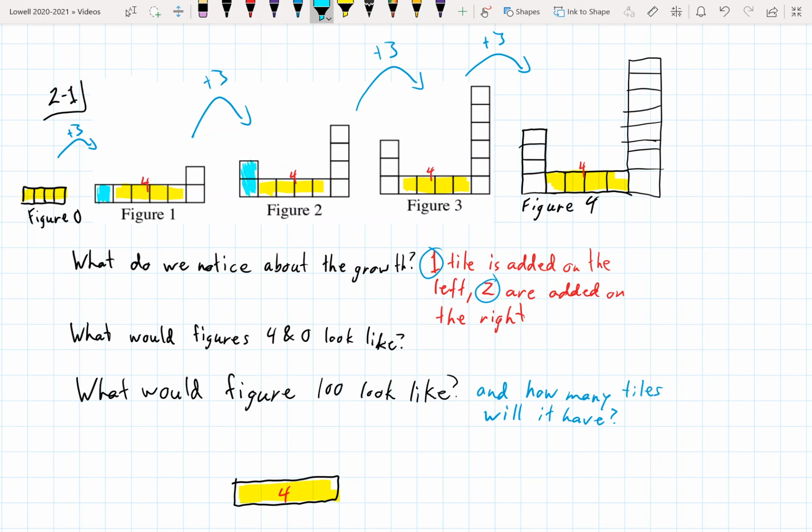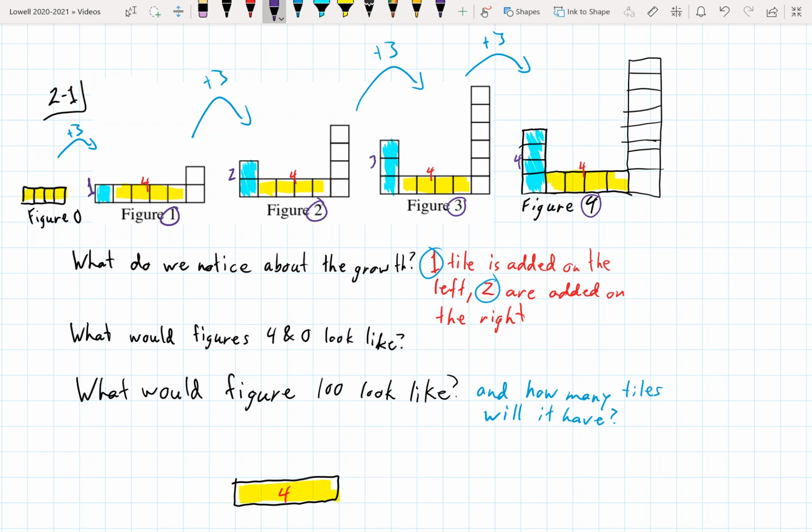This one is 2 tiles tall. In figure 3, it's 3 tiles. And in figure 4, it's 4 tiles tall. And so we kind of notice, hey, that's only 1 tall, and that's figure number 1. This time it's 2 in figure 2, 3 in figure 3, 4 in figure 4.